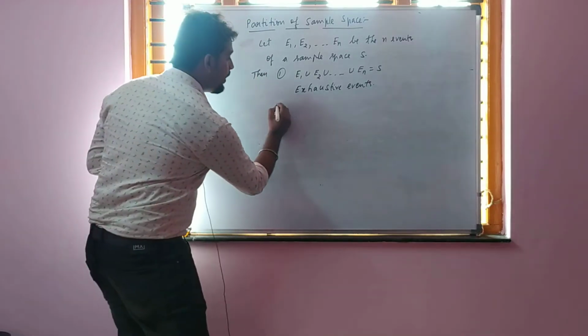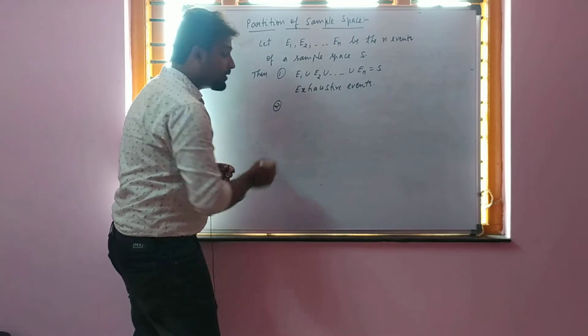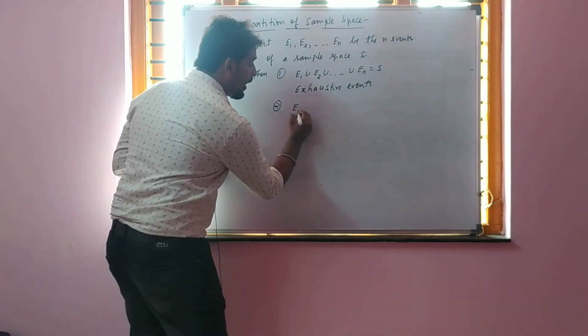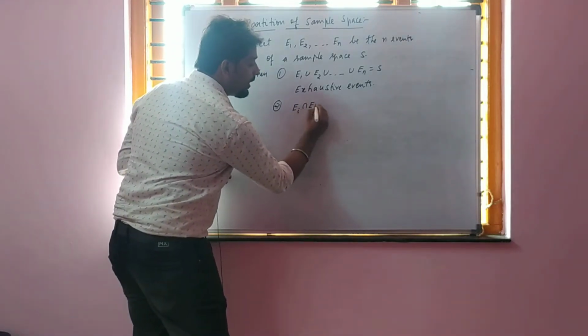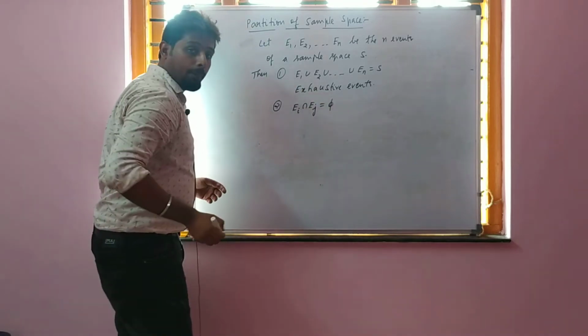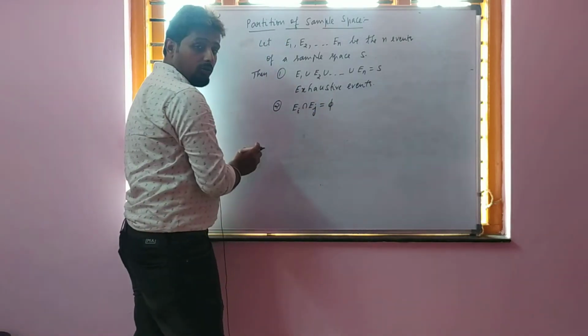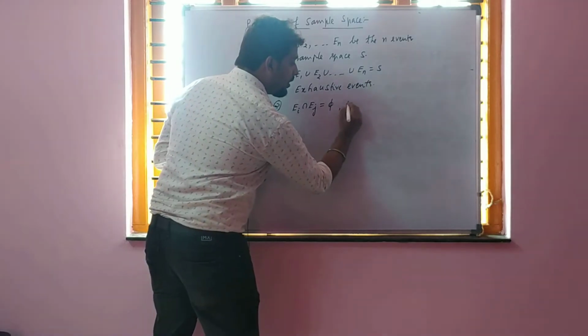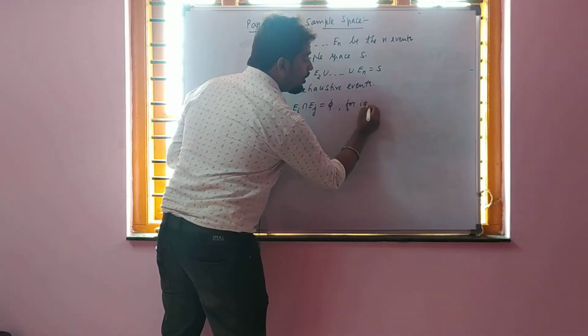Now coming to the second one. What is the second one here? Ei intersection Ej should be equal to empty, right? Can it be true every time? No, there is a condition here: i not equal to j.